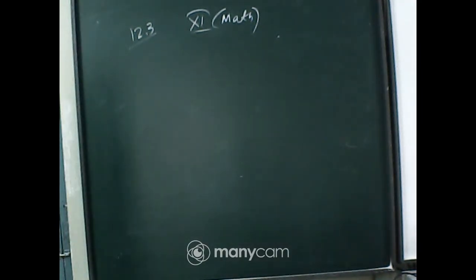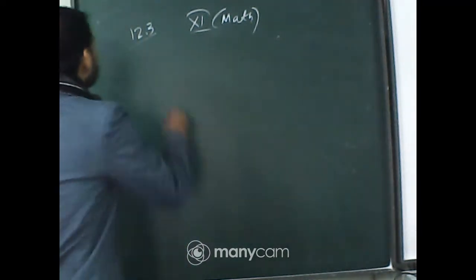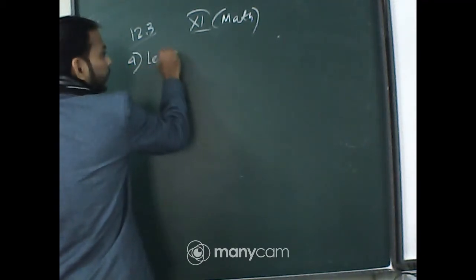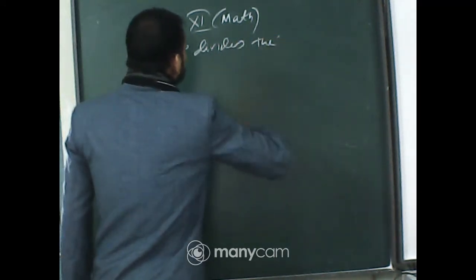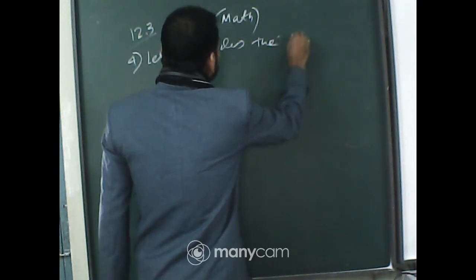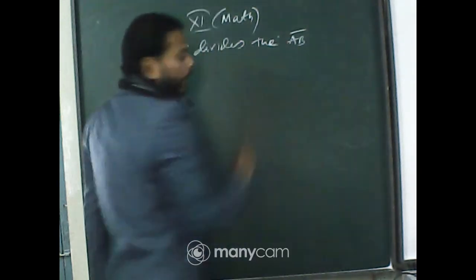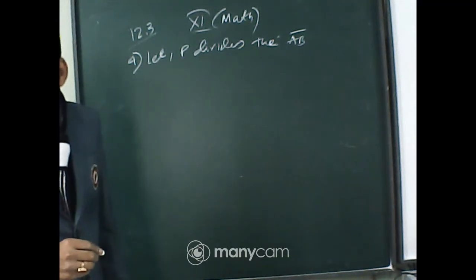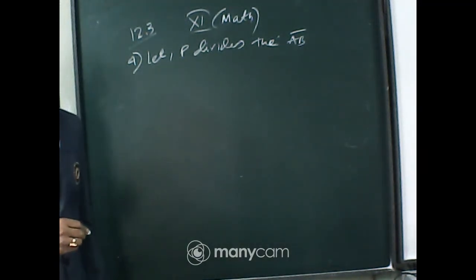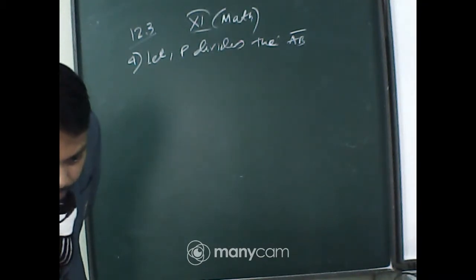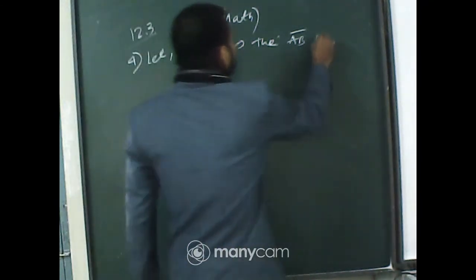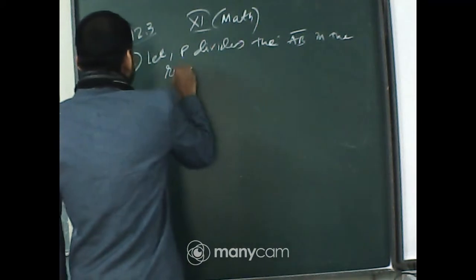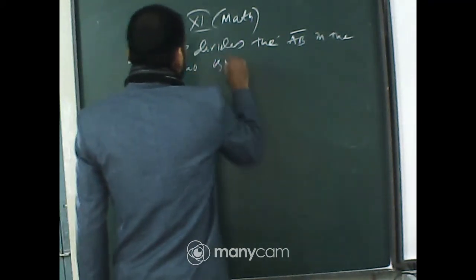First of all, let us take that P divides the line segment AB in the ratio K is to 1.